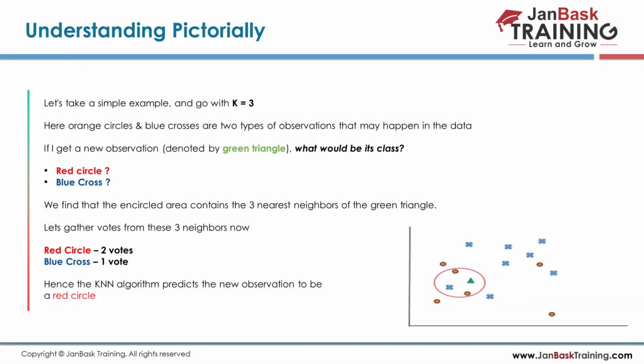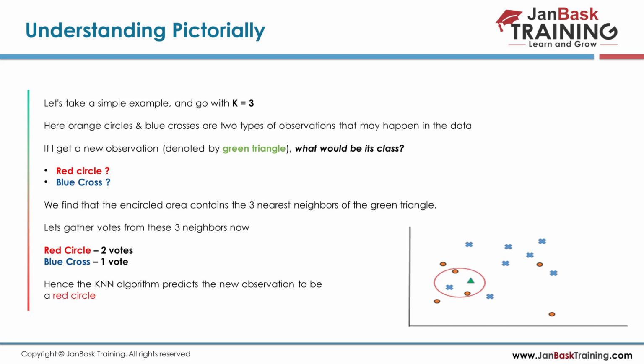Here the orange circles and blue crosses are two types of observation that may happen in the data, that is 0 or 1. If I get a new observation, that is the green triangle, what would be its class? The nearest neighbor approach finds that the encircled area contains the three nearest neighbors of the green triangle.